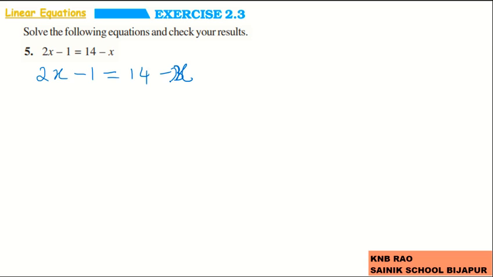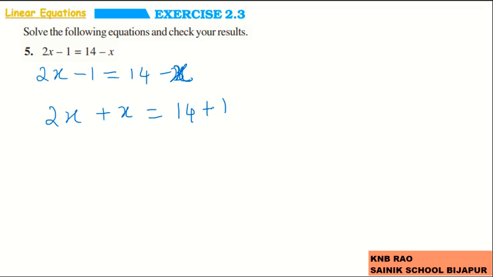So in 14 minus x, the variable term is x, and it is a subtrahend. If it comes to this side, it becomes addend. Similarly, this is a numerical term or a constant term, it is a subtrahend. If it comes to this side, it becomes addend.